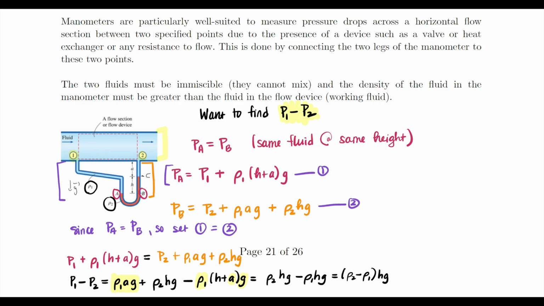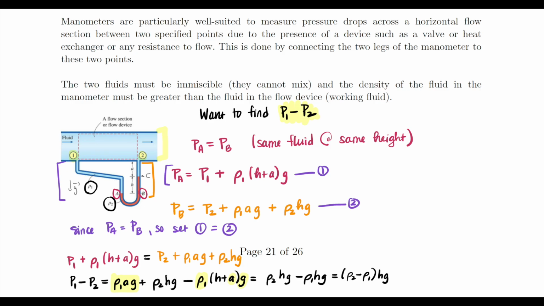So here we have flow going through this larger section here. And we're interested to figure out what the difference is in pressure between P1 and P2, or in between point 1 and point 2. So we want to find P1 minus P2.